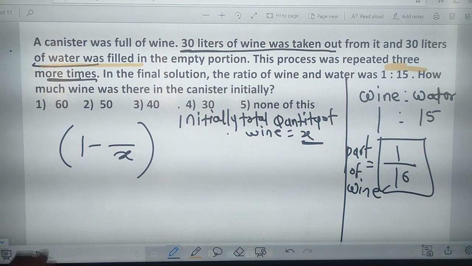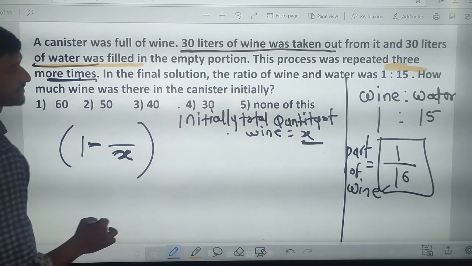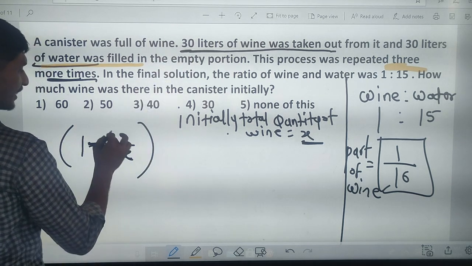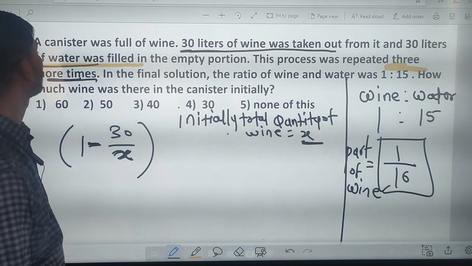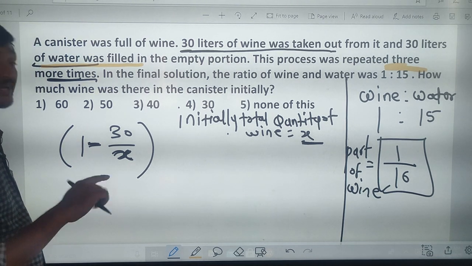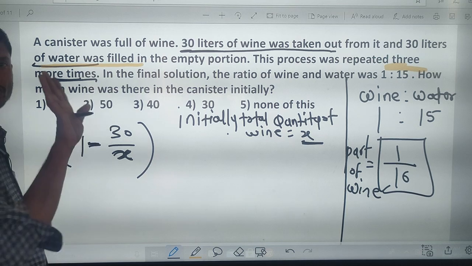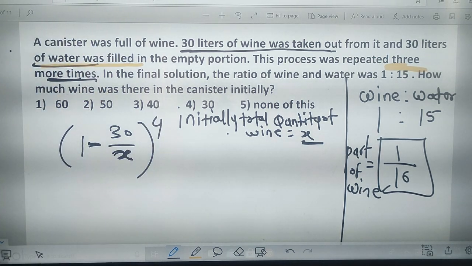Now here we write 1 minus, total quantity of wine is x, out of which 30 liter drawn. This process was repeated further 3 more times. We did this process 4 times.